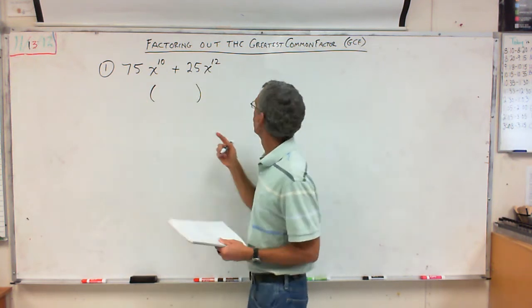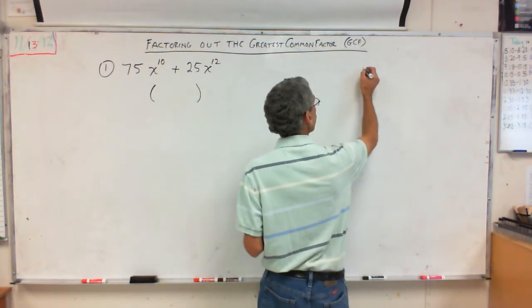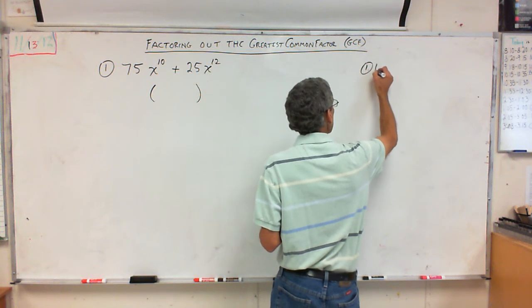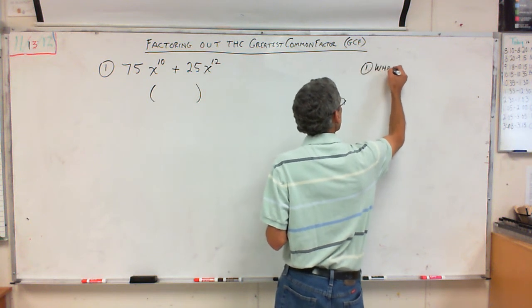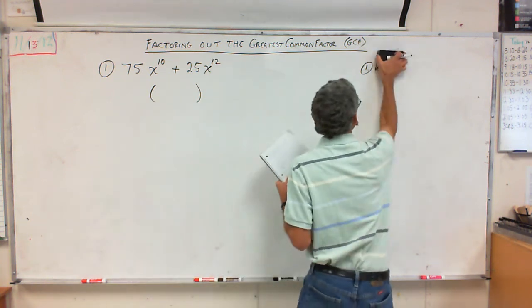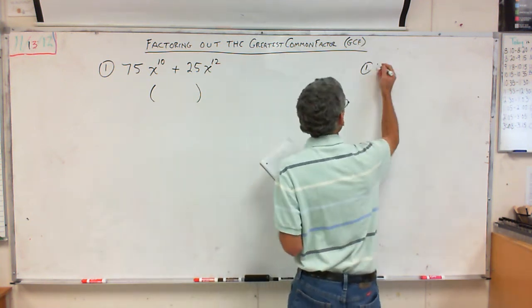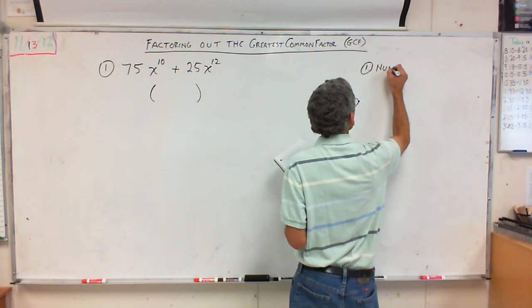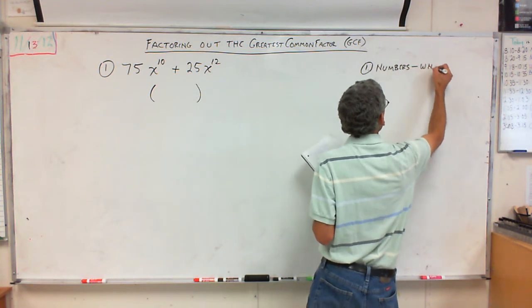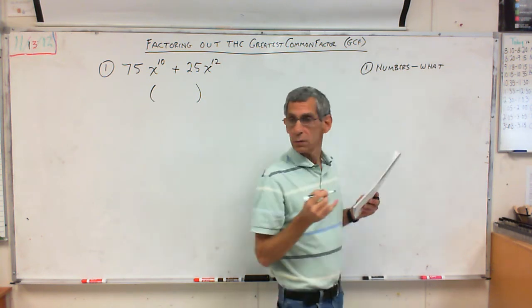I've got to look at two things, and I'm going to write down a little format here. First thing I'm going to look at is the numbers. Only the numbers.